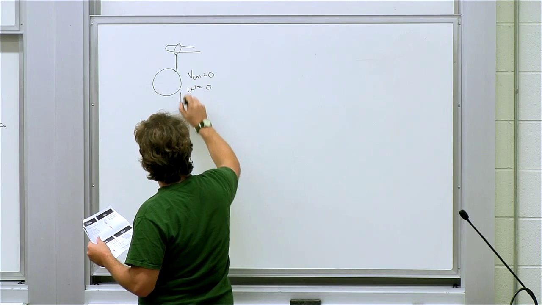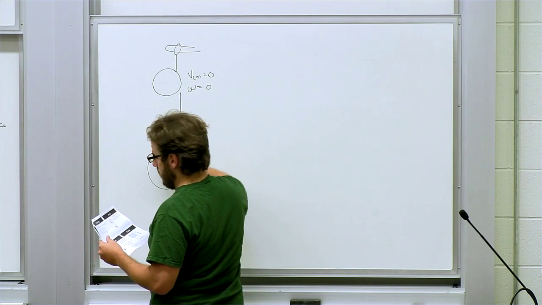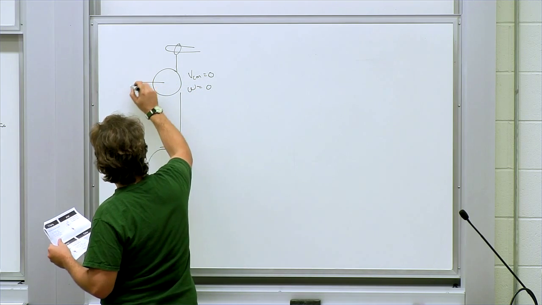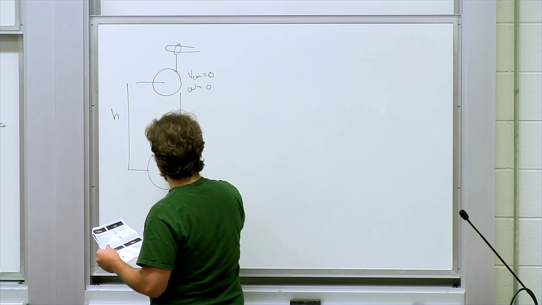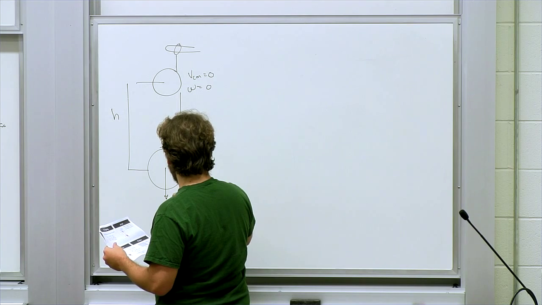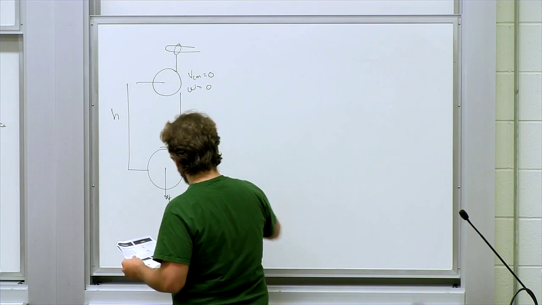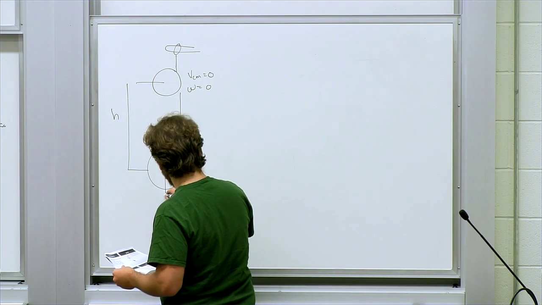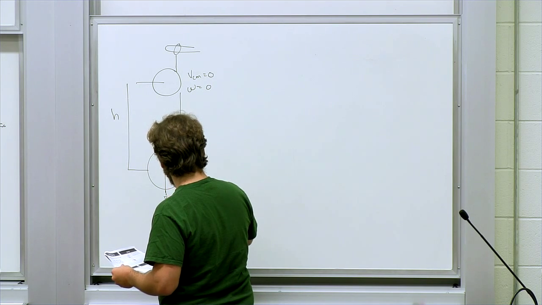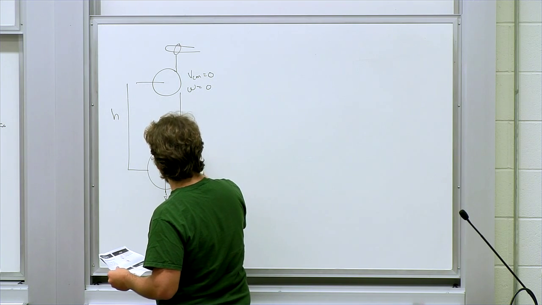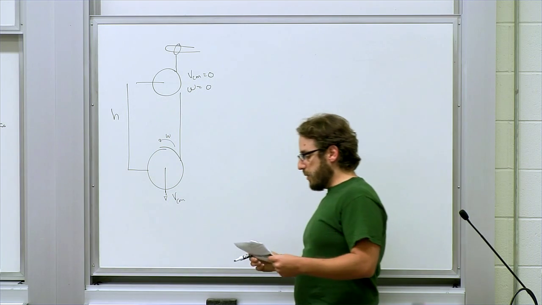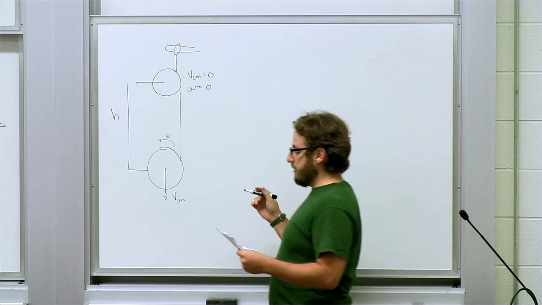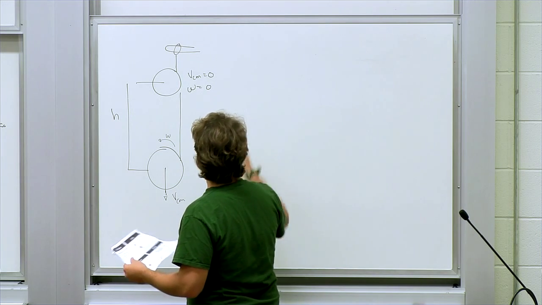It ends up down here after a moment when it's dropped height h, and it has some velocity of the center of mass, VCM, and it has some rotational velocity omega. The question is, what is the speed of the center of mass of the yo-yo when it's dropped a certain distance?